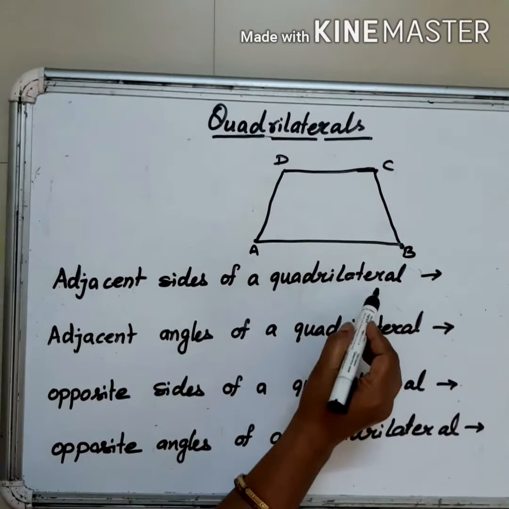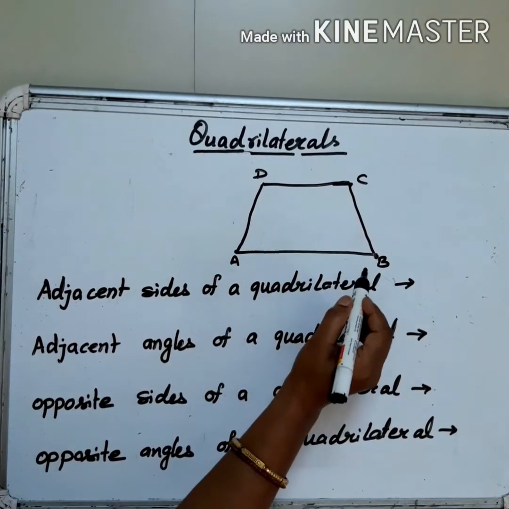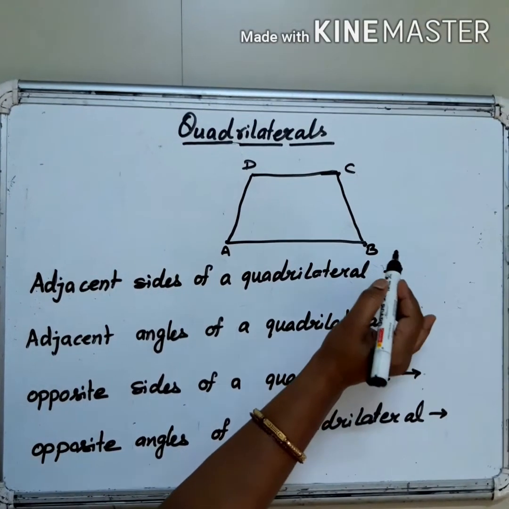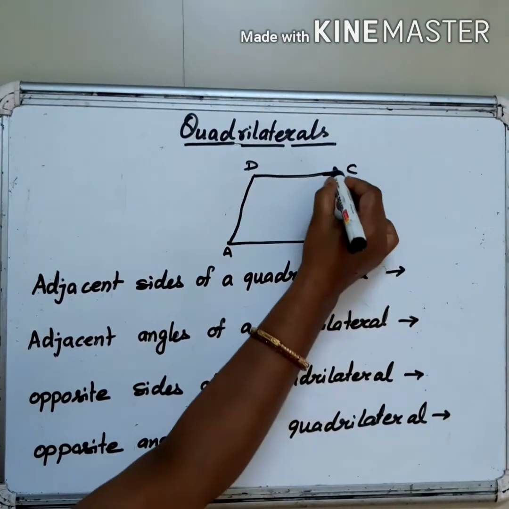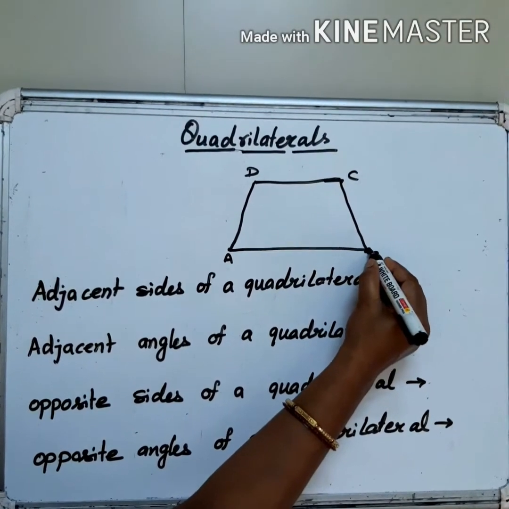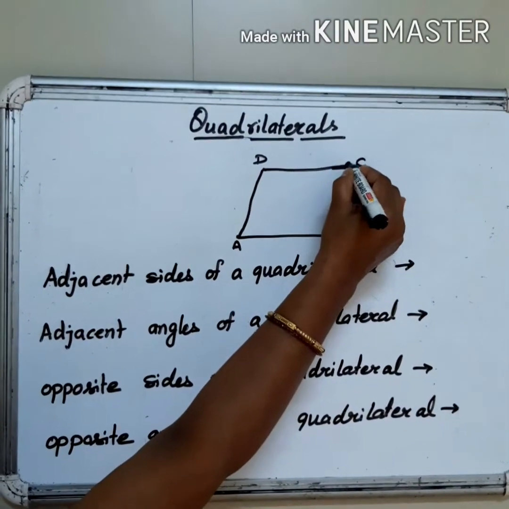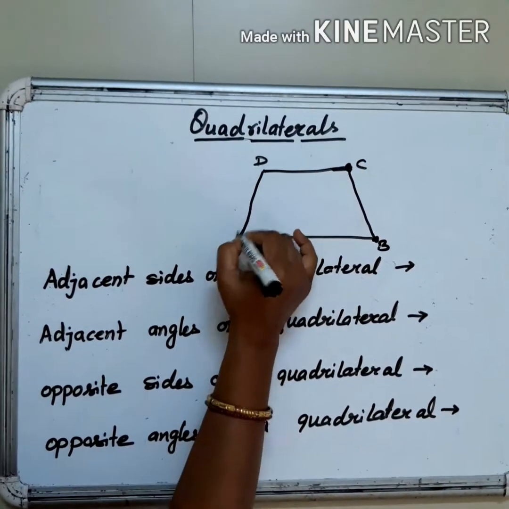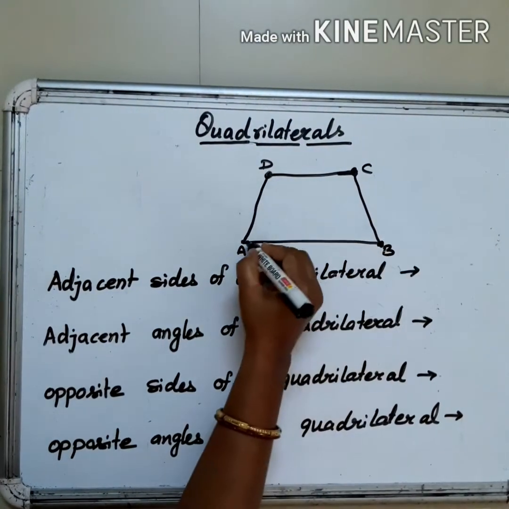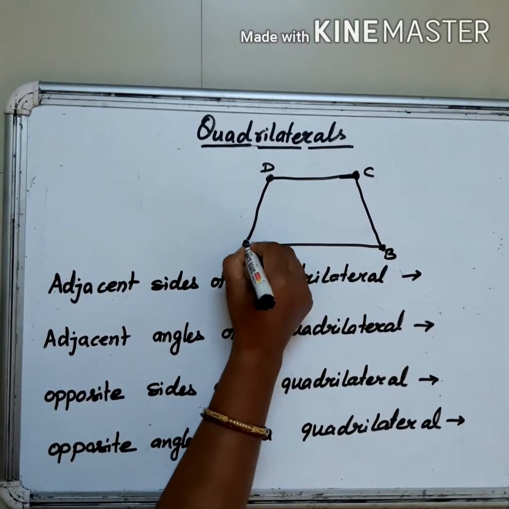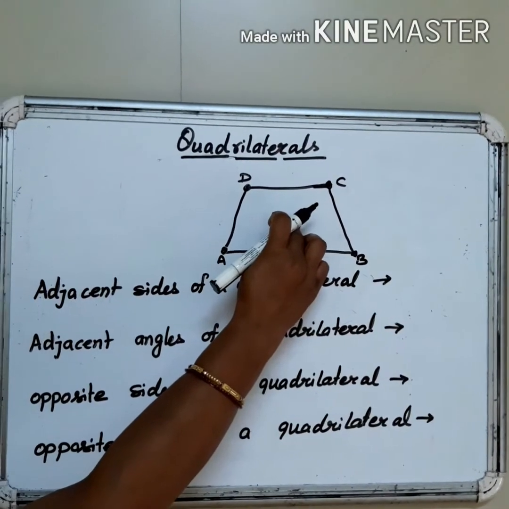Adjacent sides of a quadrilateral. 2 sides of a quadrilateral which have a common endpoint are called adjacent sides. Here AB and BC have common endpoint B, BC and CD common endpoint C, CD and AD common endpoint D, AD and AB common endpoint A. In the given figure, how many pairs of adjacent sides? 4.